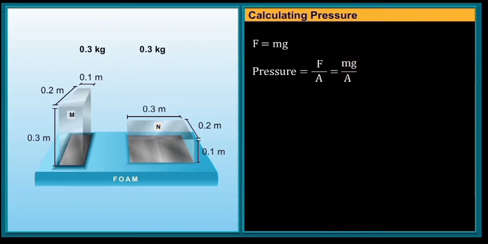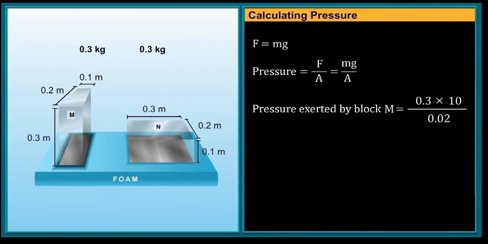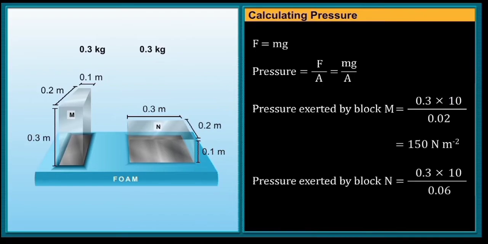Here, thrust is the product of mass and acceleration due to gravity. The pressure of block M on the foam is 150 Newton per meter square. The pressure of block N on the foam is 50 Newton per meter square.